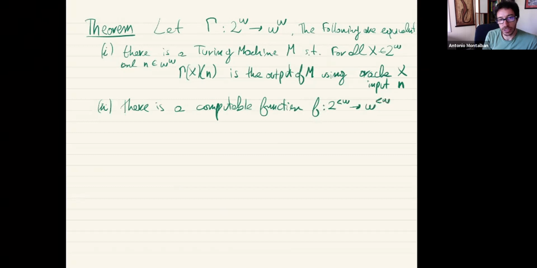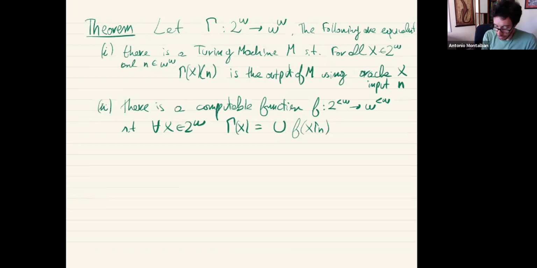So these are finite strings, such that for all x in 2 to the omega, gamma of x is equal to the union of all the strings that correspond to the initial segments of x. These are finite binary strings, they are all nested in each other, and the union is the output.